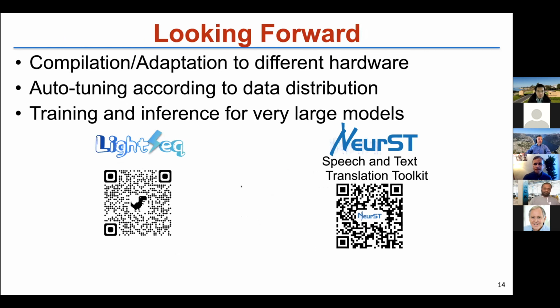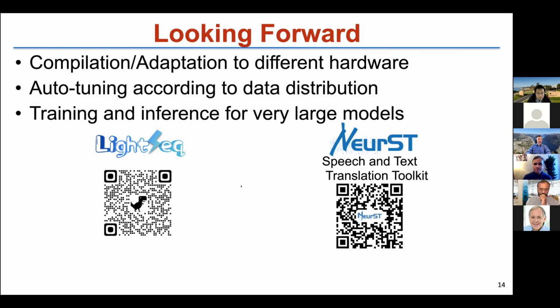Looking forward, right now we still use handwritten optimization libraries, but in order to tailor to different hardware, as Professor Ding mentioned, in the future we still need to do adaptation or automatic compilation to different hardware, and auto-tuning according to different data distributions.